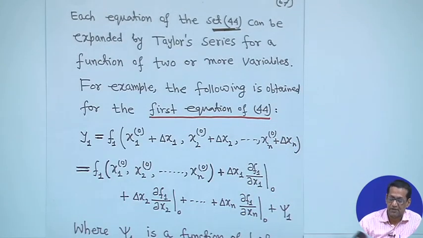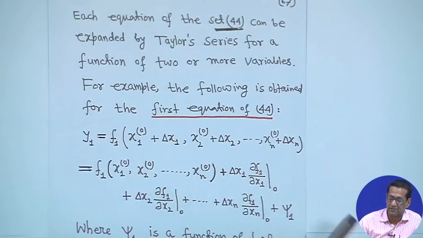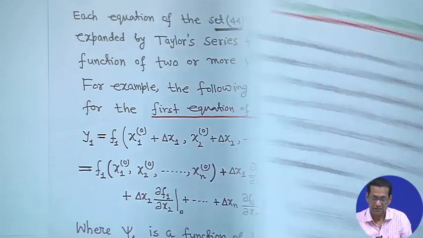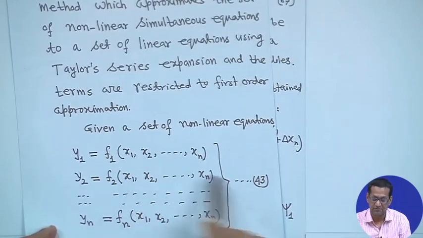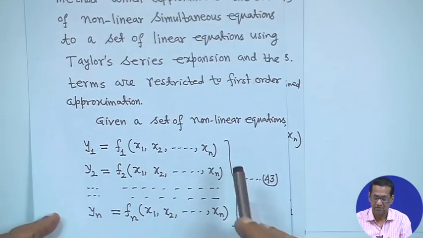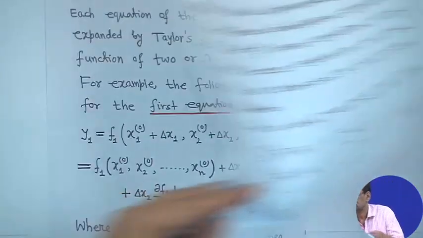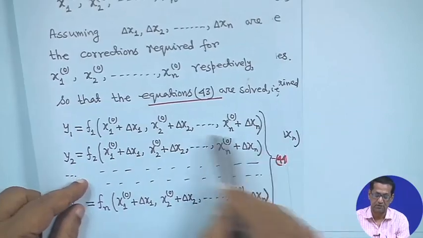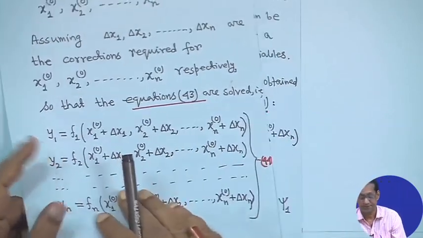For example, the following is obtained for the first equation of 44. If you take just the first equation of the set 44.